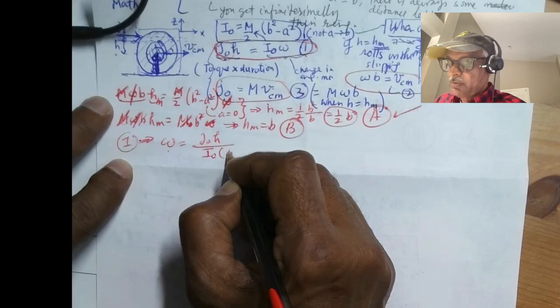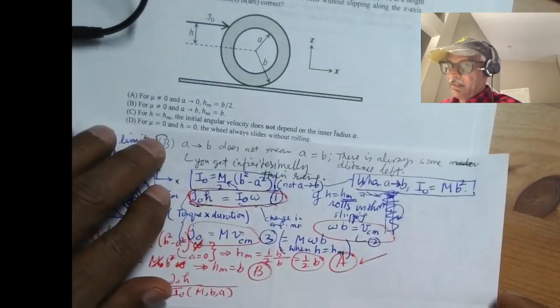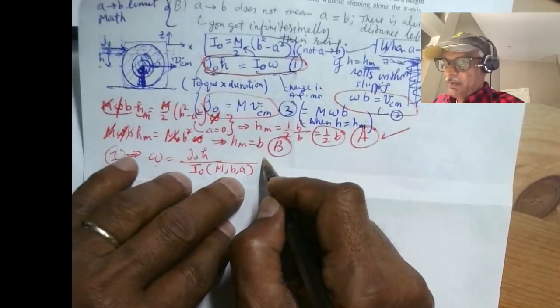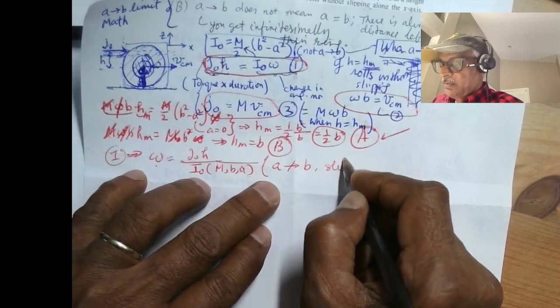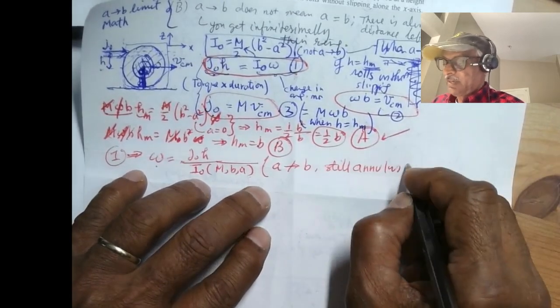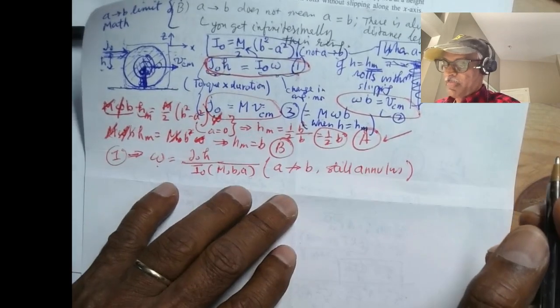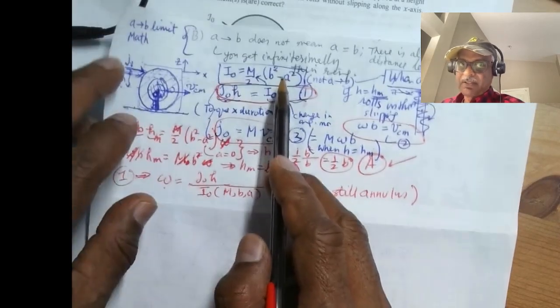I0 depends on m, b, and a. And it is saying that it doesn't depend on radius a, but it does depend on radius a when a is not equal to b. It's still an annulus, right? So when a equals 0, you have a different answer than a not equal to 0. Then C is not correct.